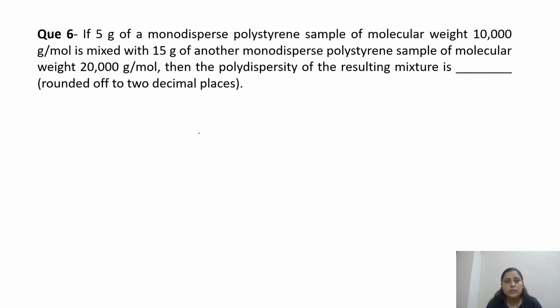So let's see the solution. As given, 5 gram polystyrene sample with 10,000 gram per mole is mixed with 15 gram polystyrene sample with 20,000 gram per mole, giving the final mixture.